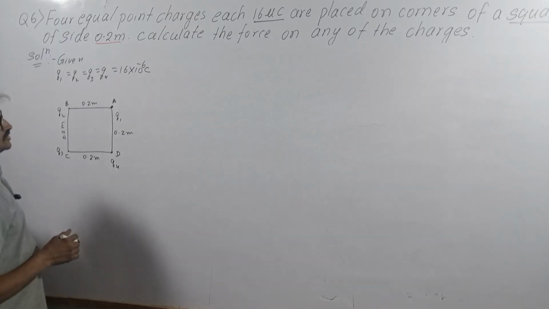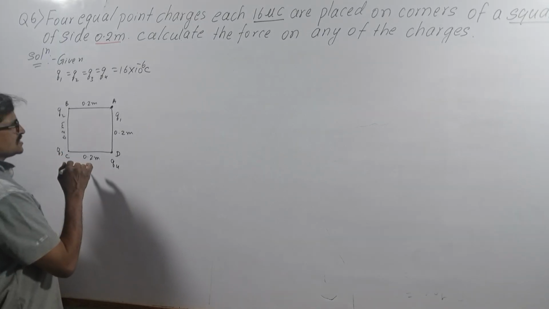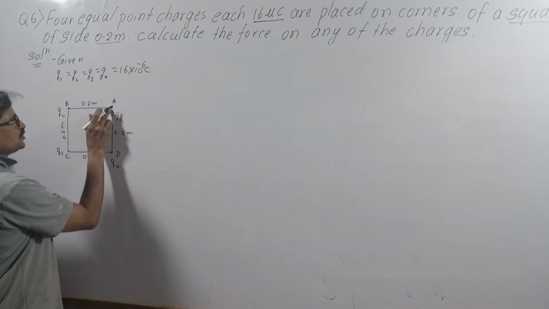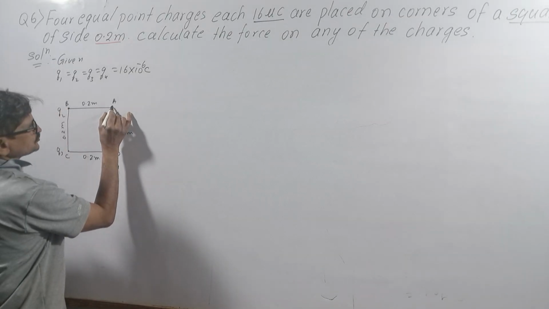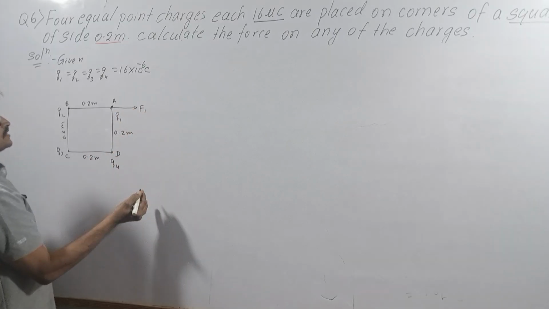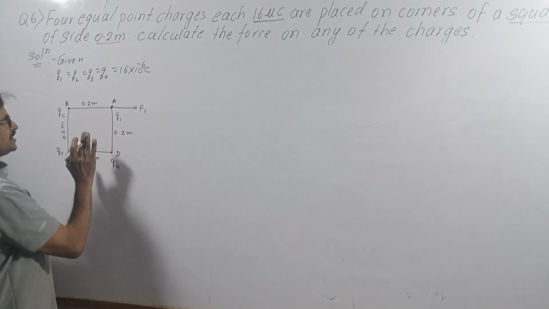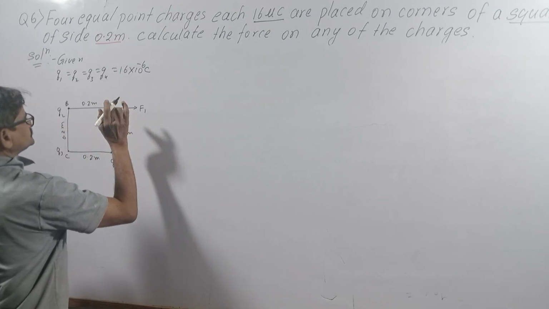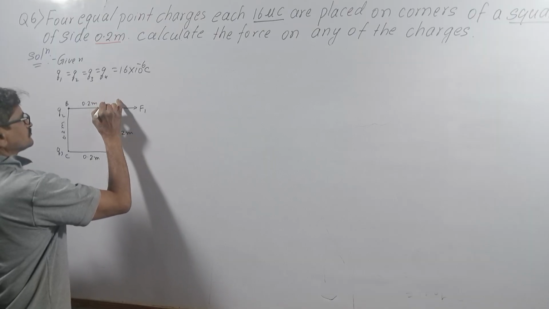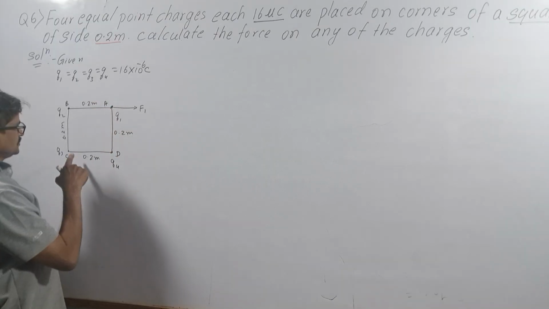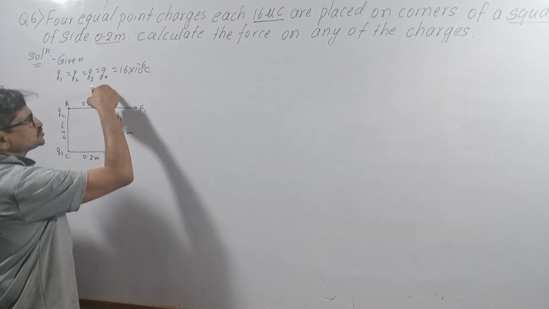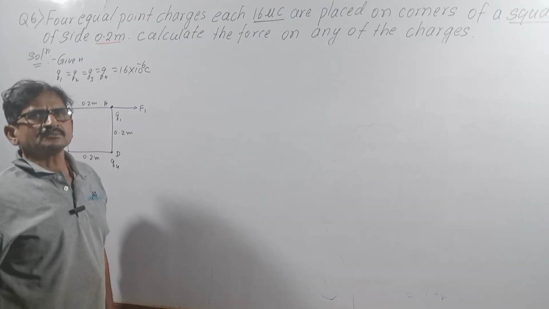So now what to do here? We are finding the force on this point due to this B point. Both are positive, therefore it is a repulsive force. This I am taking as F1: force on A due to B. And instead of this one, you take this one, because first we find these two forces, as we are applying some vector concept.